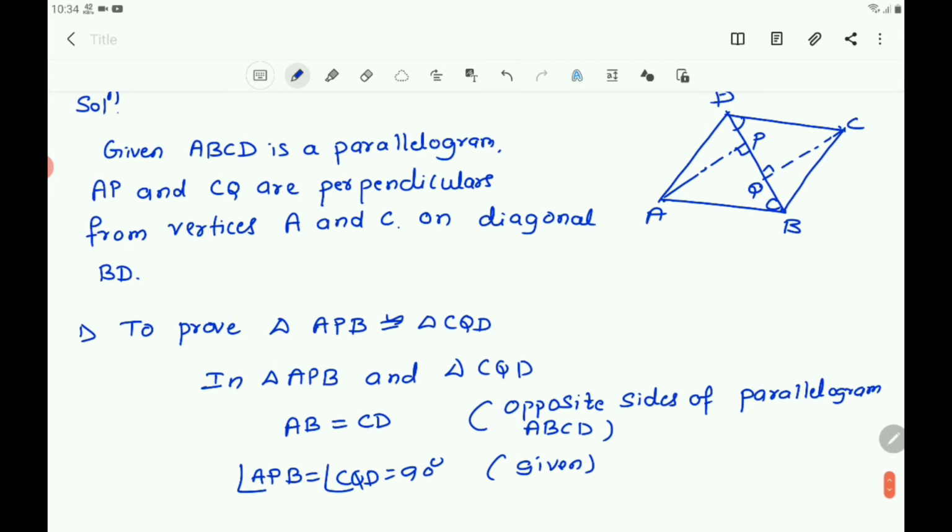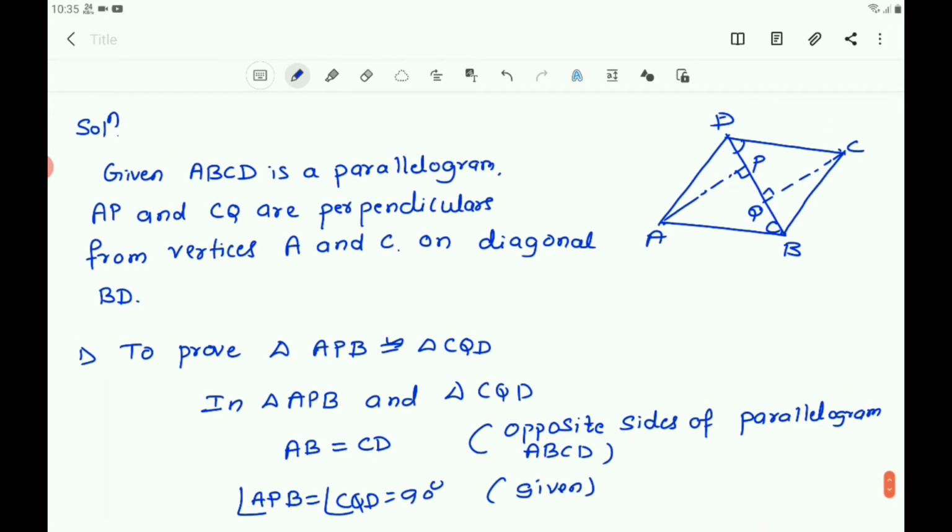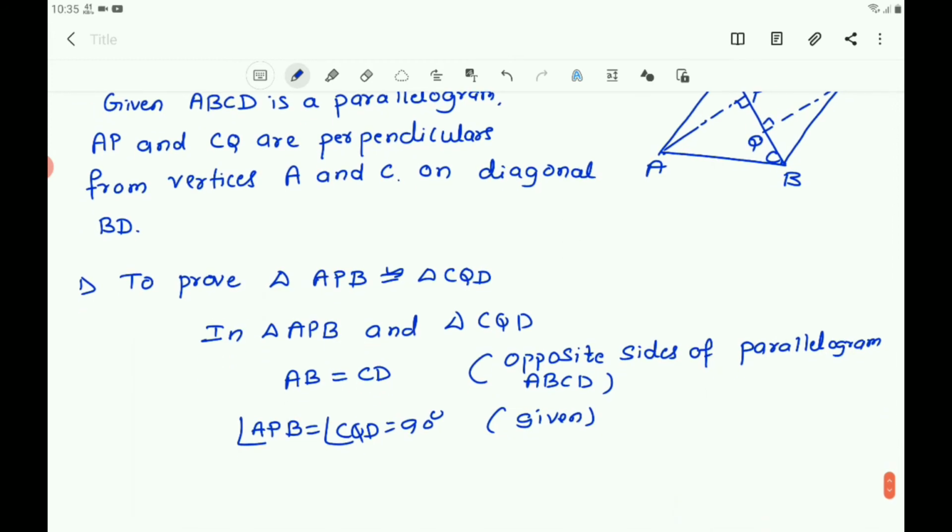So you can write that angle ABP equals angle CDB, or CDQ. Angle ABP equals angle CDQ.